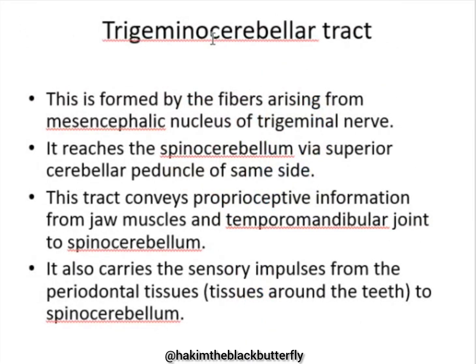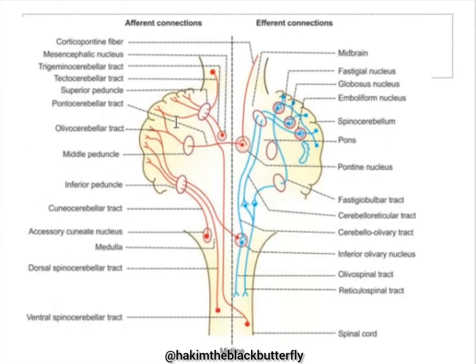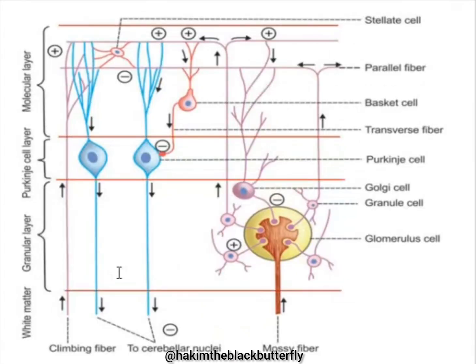Trigeminocerebellar tract from the mesencephalic nucleus of the trigeminal nerve, it ascends towards the cerebellum through the superior cerebellar peduncle of the ipsilateral side.